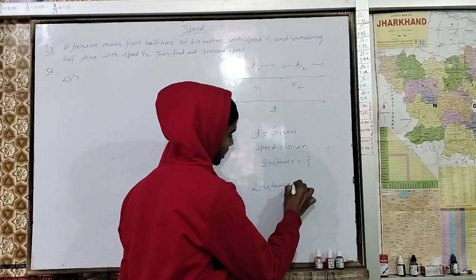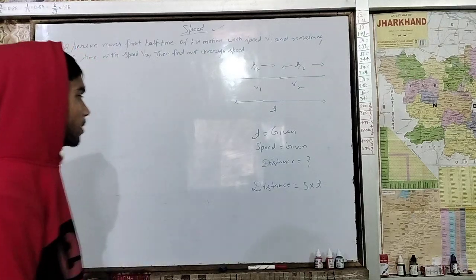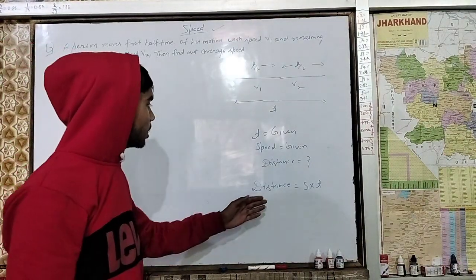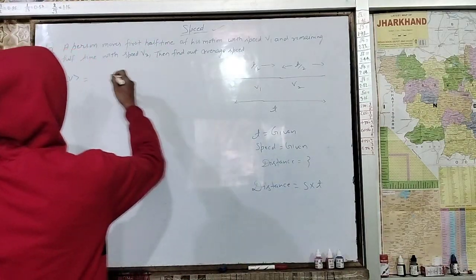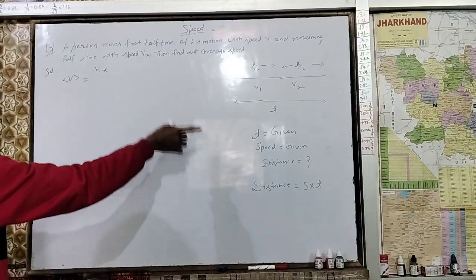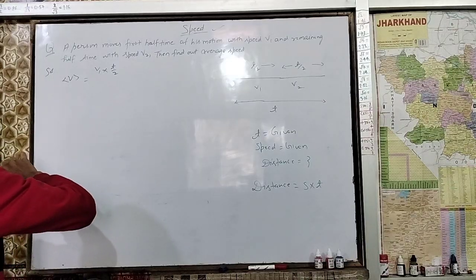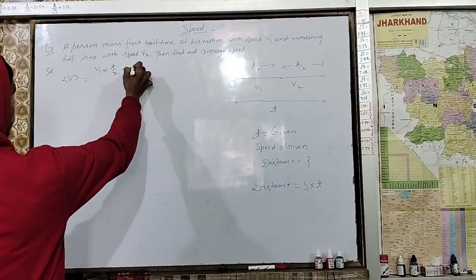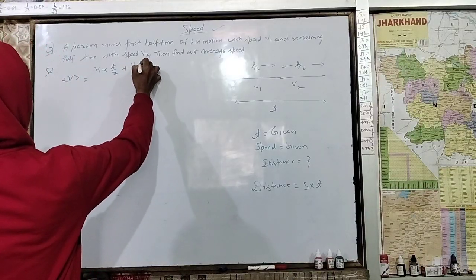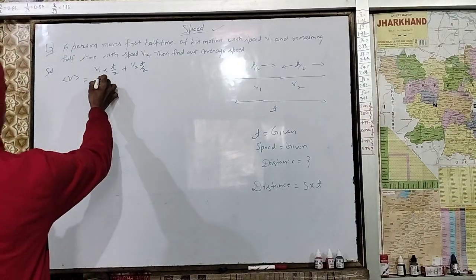Distance is considered as speed multiplied by t. So average speed will become distance upon time. S will be v1 multiplied by t upon 2, plus, next, v2 multiplied by t upon 2, then upon time.